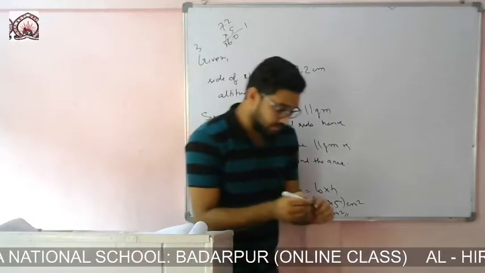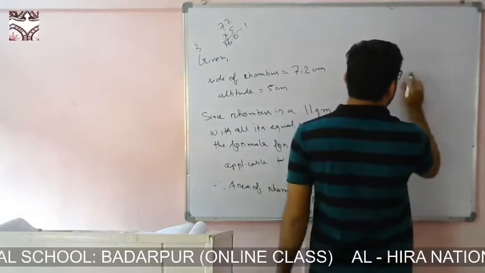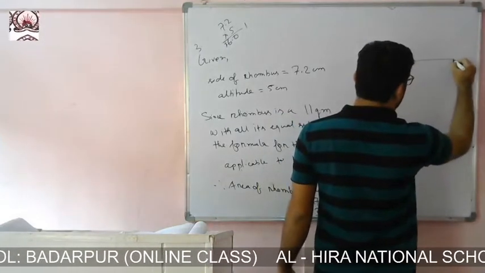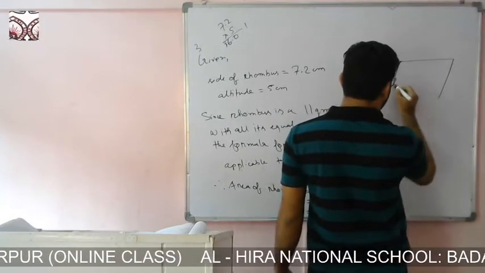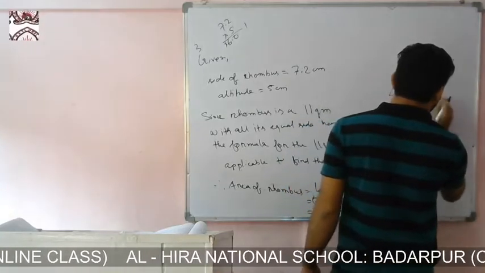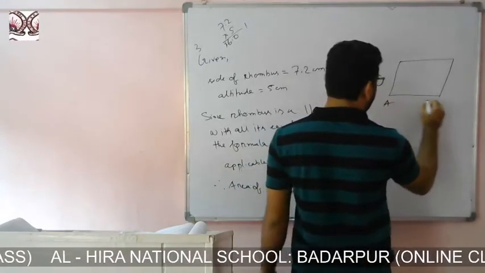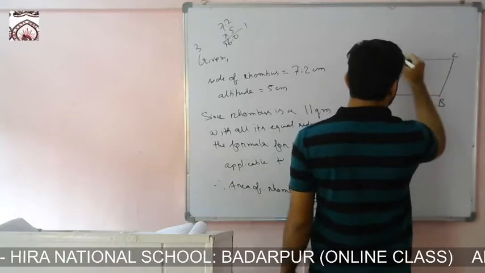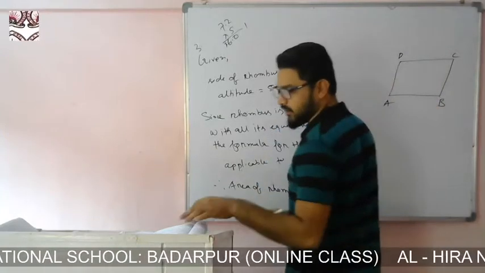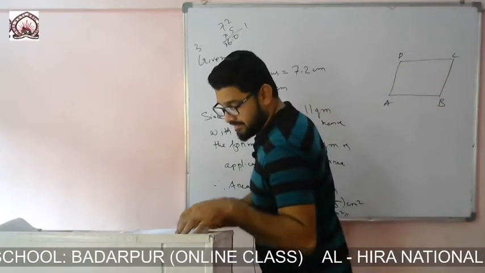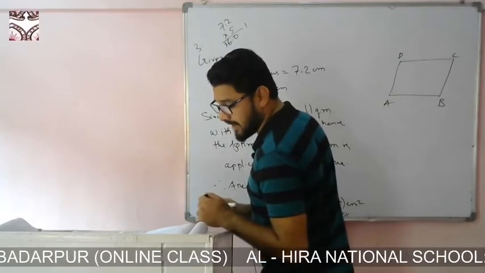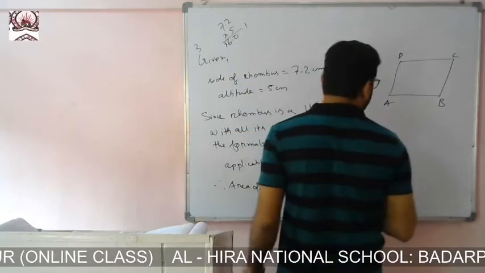Suppose this is a diagram. Suppose this is the parallelogram named ABCD, and in the question it is said that the adjacent sides of the parallelogram are 36 centimeter and 27 centimeter.